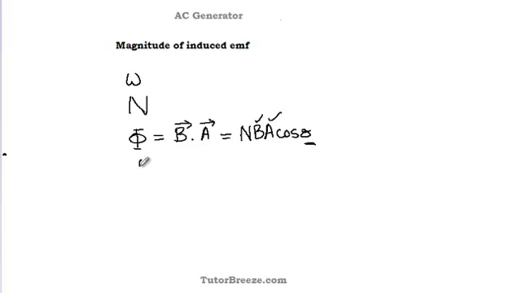Now in place of theta we can put omega t, since omega is the angular speed and omega is equal to theta over t. Omega is measured in radians per second. So now for phi we can write phi as n B A cos omega t.